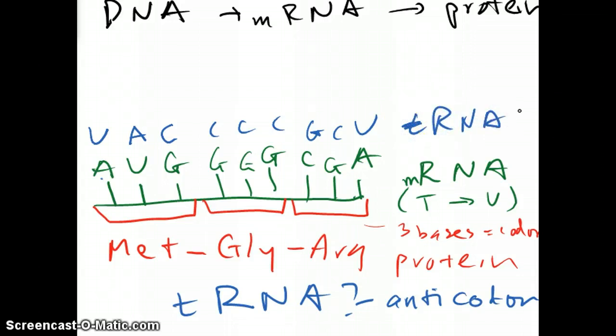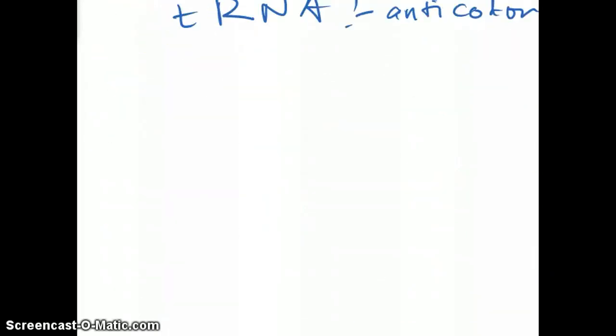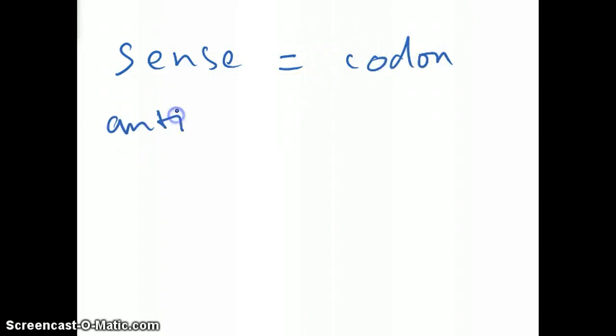And if you notice, the tRNA is exactly the same as the antisense of the DNA. So in short, if you ever get really confused and don't know what to do, just remember this: the sense is the same as the codon. The antisense is the same as the anticodon.